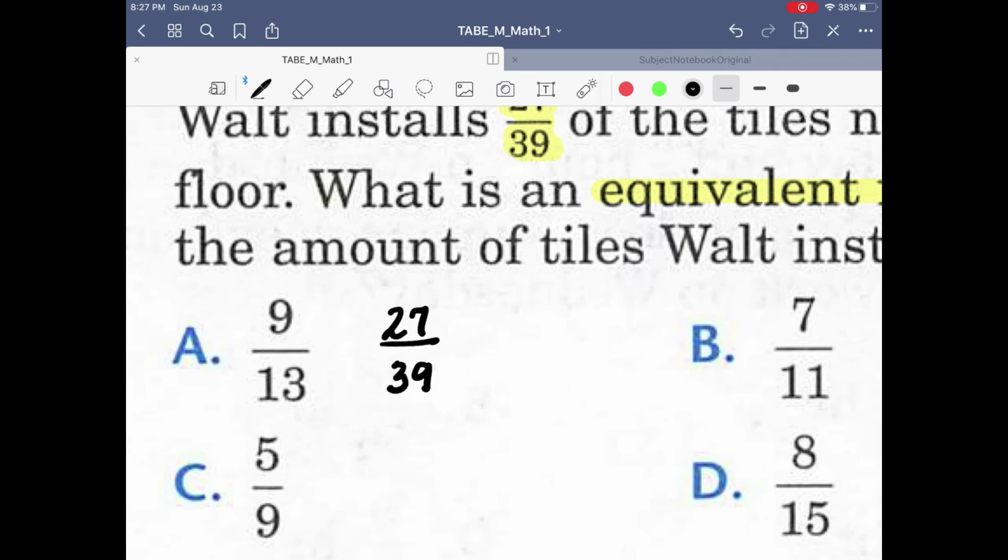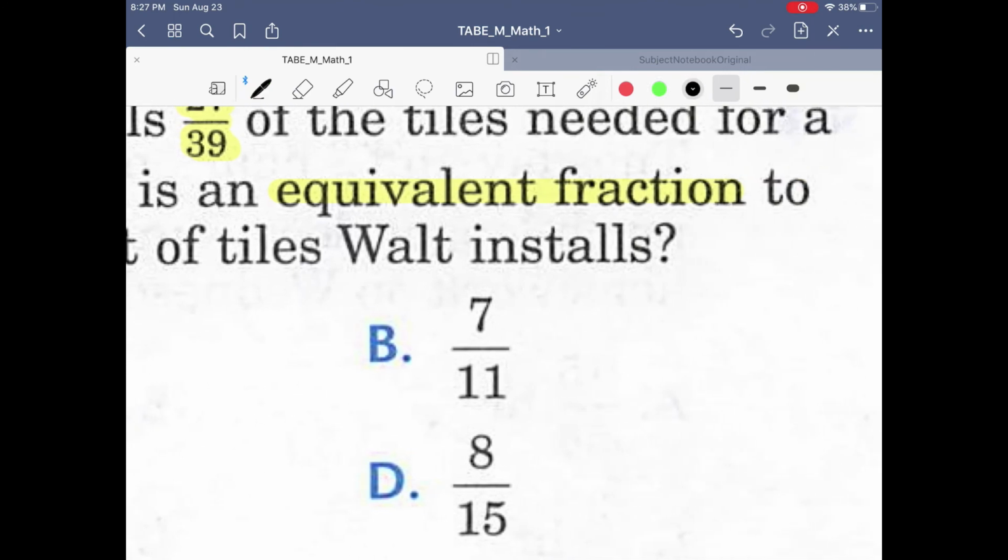So I have 27/39ths. And right off the bat, I think I found it. Because 9 times 3 is 27, and 13 times 3 is 39. But let me do them all for you, just so you can see them.